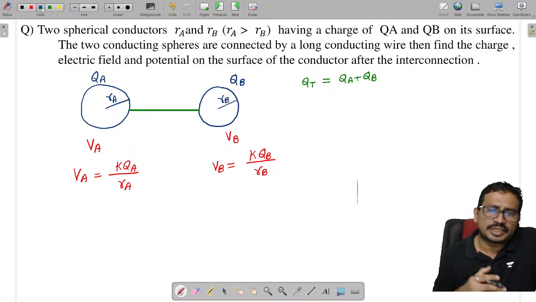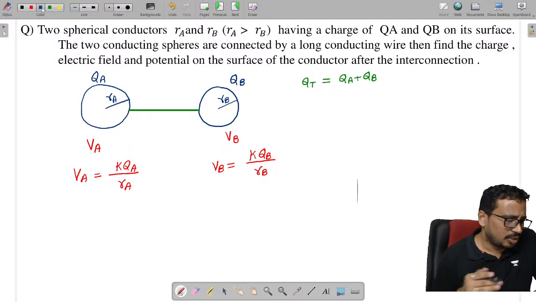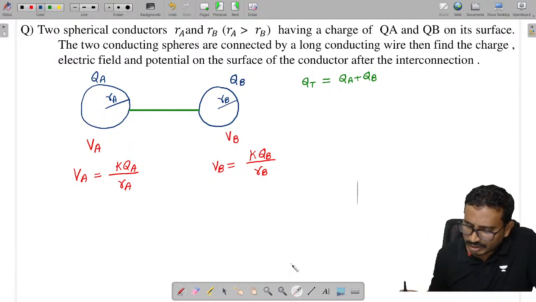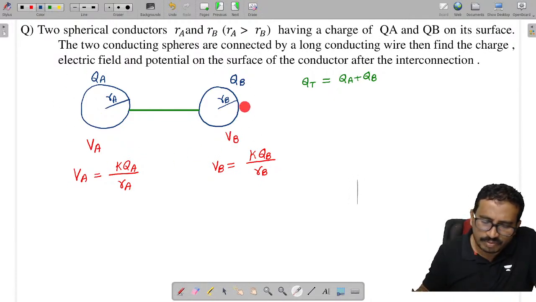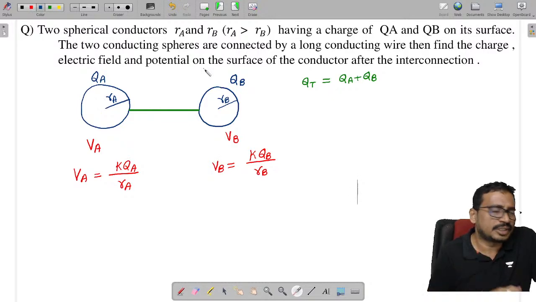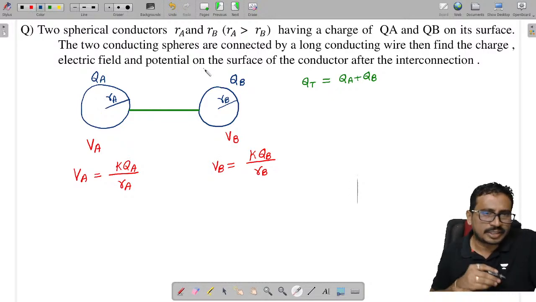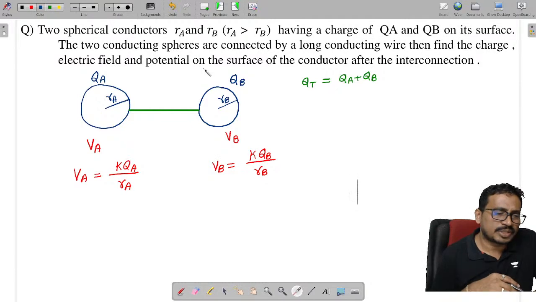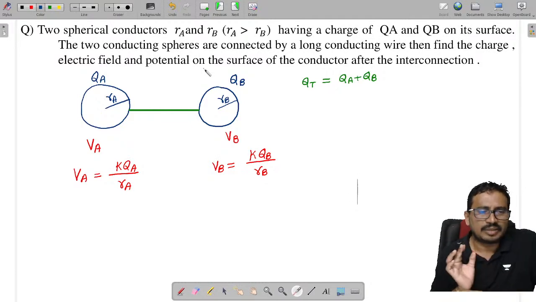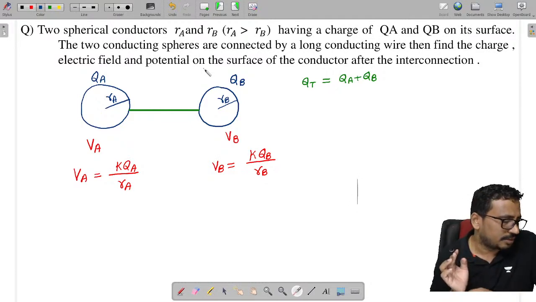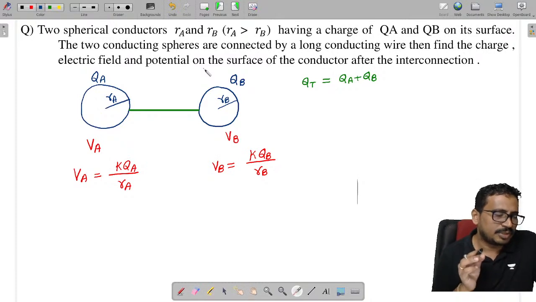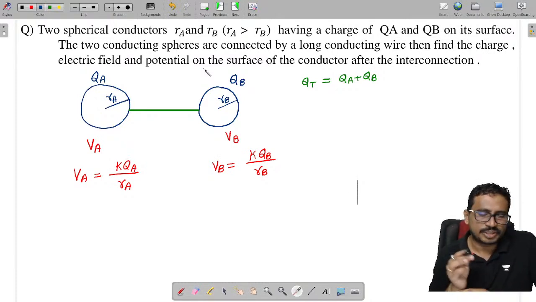Once they are connected, this complete combination will behave like a single conductor. A conductor must be an equipotential surface, so the potential must be equal.